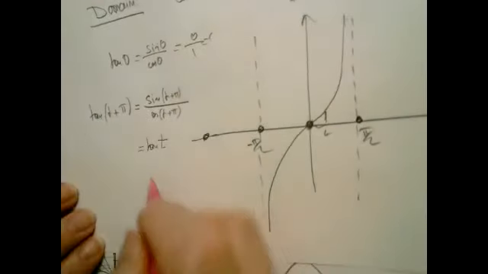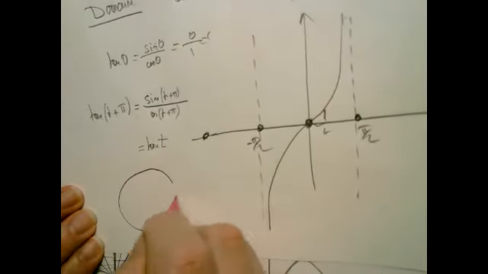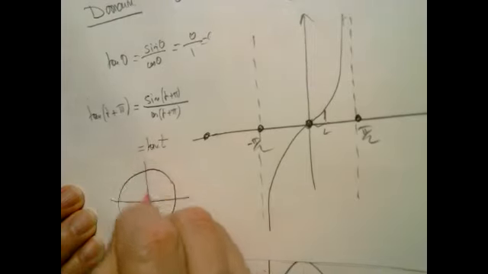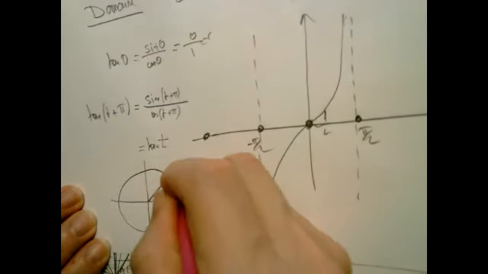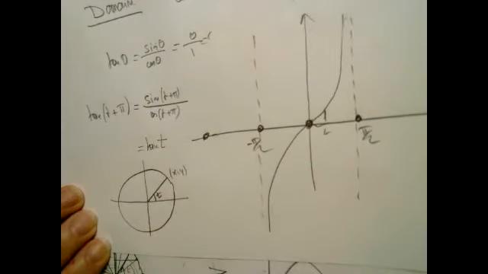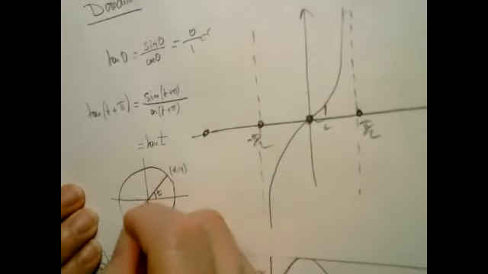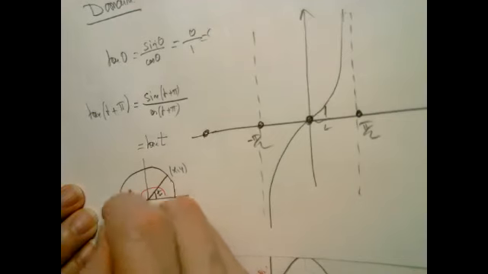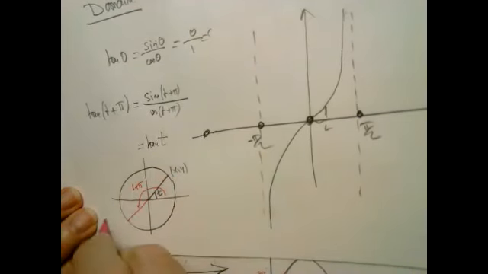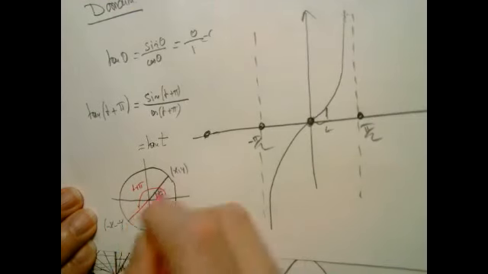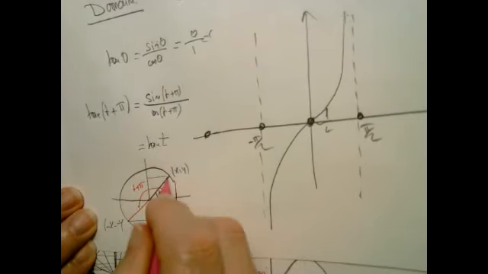So in terms of the unit circle, what's really happening? This is my angle t, and let's call this point x, y. T plus pi is right here. So if this is x and y, this is minus x, minus y, just by symmetry.